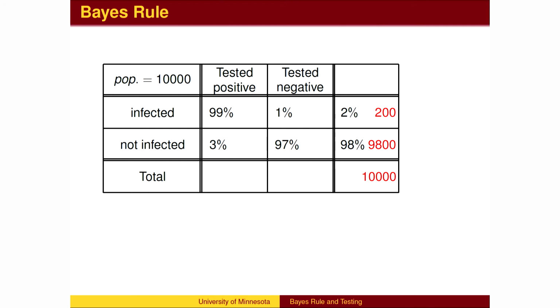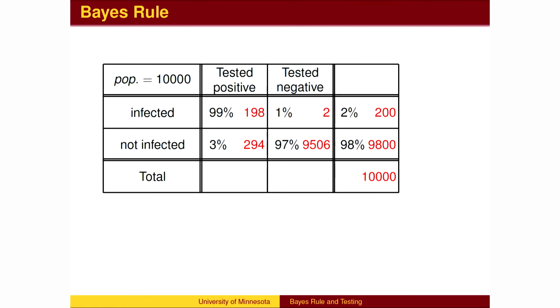Let's start calculating the numbers of individuals in each category. Of the 10,000 people, 2% or 200 are infected. 98% or 9,800 are not infected. When the 200 infected individuals are tested, 99% of them, 198, will test positive.